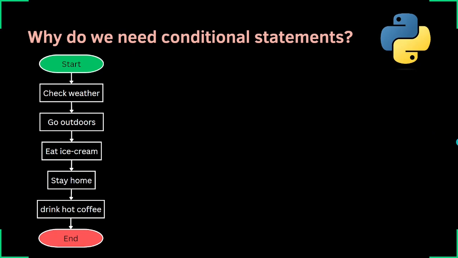If we were to stick with the strictly procedural approach from top to down, executing one line at a time, we can't really create such a decision-making application or software.